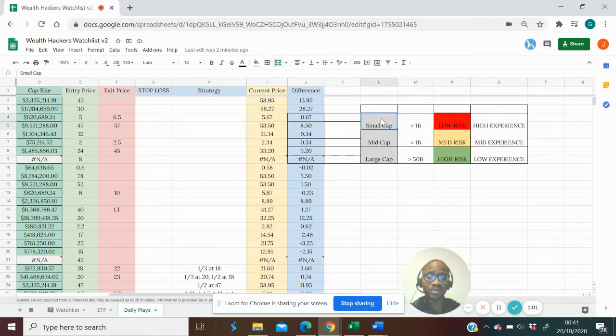And if you've got a lot of experience, you could trade any stocks possible, from the low caps to extended caps really. So newbie, only more than 50 billion. If you're mildly experienced, mid, and if you've got a lot of experience, you're not limited at all.